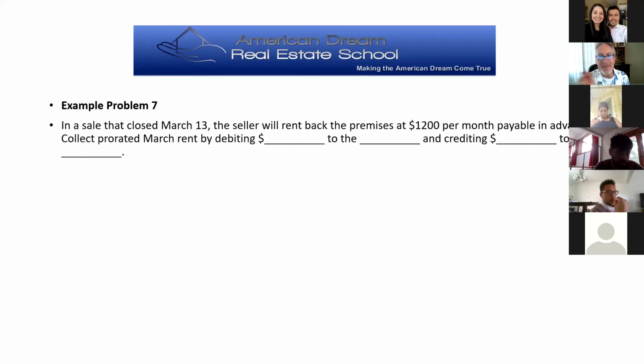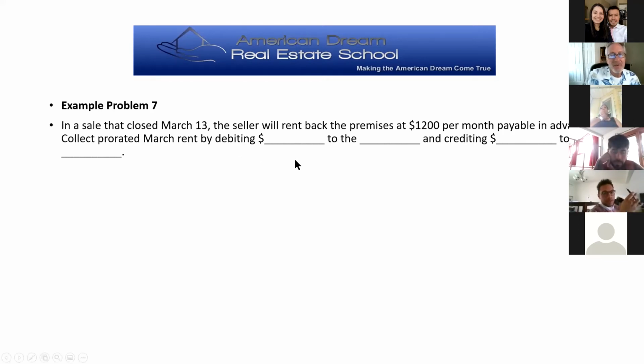And rent is always paid in advance, but who is he paying it to? The new owner, the buyer. You see that now? Yeah. You got to be really careful about some of these. In this case, the roles reversed.